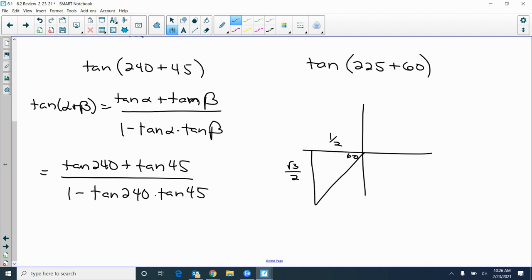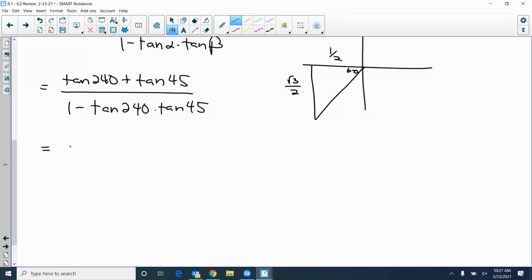So the tangent of 240 would be square root of 3 over 2 times 2 over 1, so just radical 3, correct? All right, so that gives me square root of 3 plus, what's tangent of 45? It's 1.